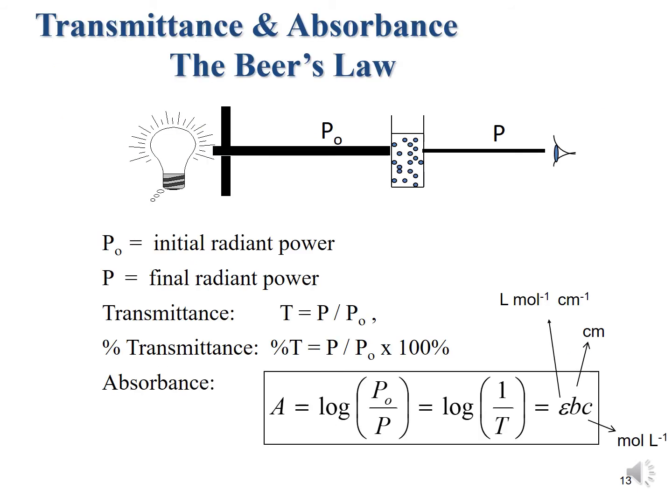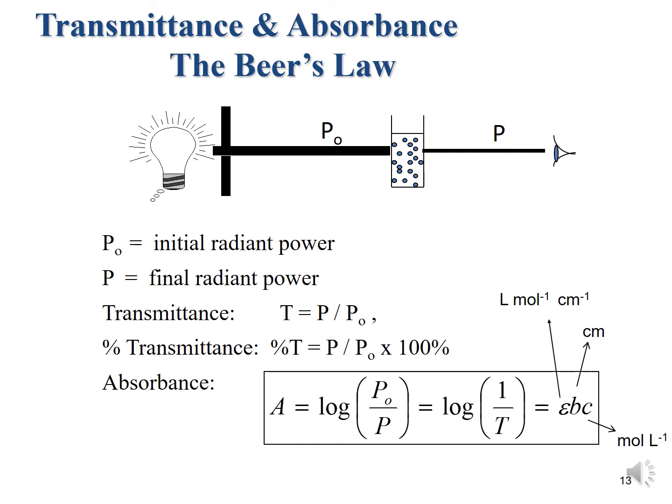Now we go to transmittance and absorbance, and Beer's law. The source of energy here is either a UV lamp or a visible lamp, the tungsten lamp. It emits energy, P naught, the initial radiant power, which then goes through the sample and gives the P value.